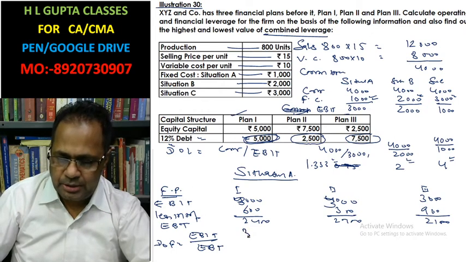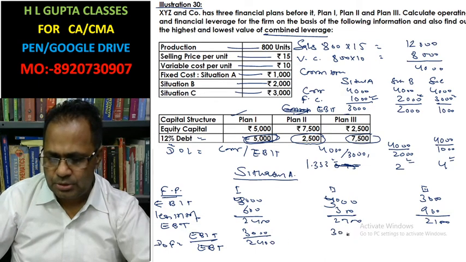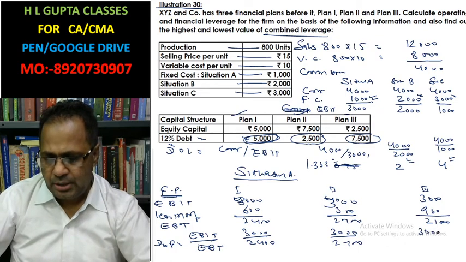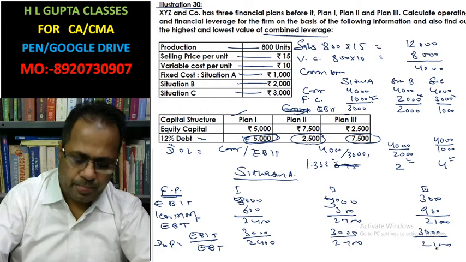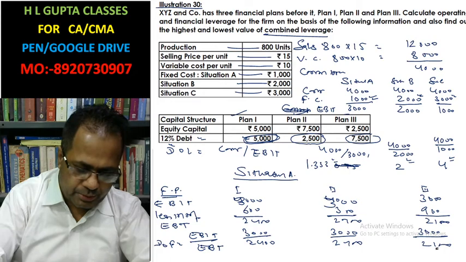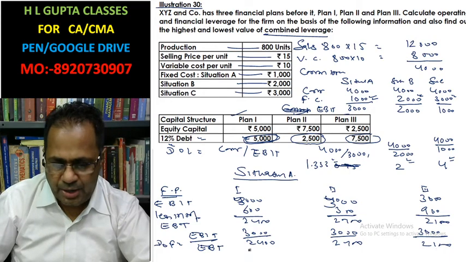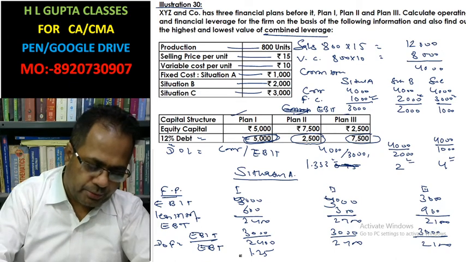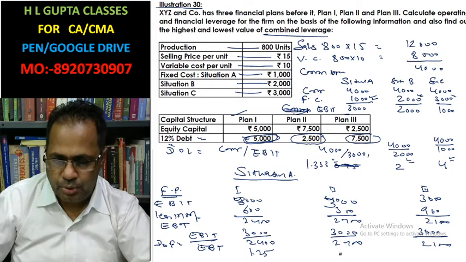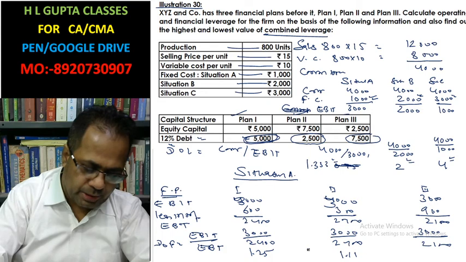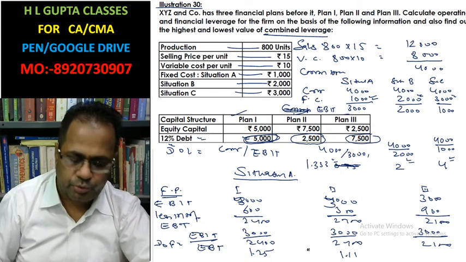So here 3,000 divided by 2,400, 3,000 divided by 2,700, 3,000 divided by 2,100. Now 30 divided by 24 gives 1.25, 30 divided by 27 gives 1.11, and 30 divided by 21 gives 1.428.